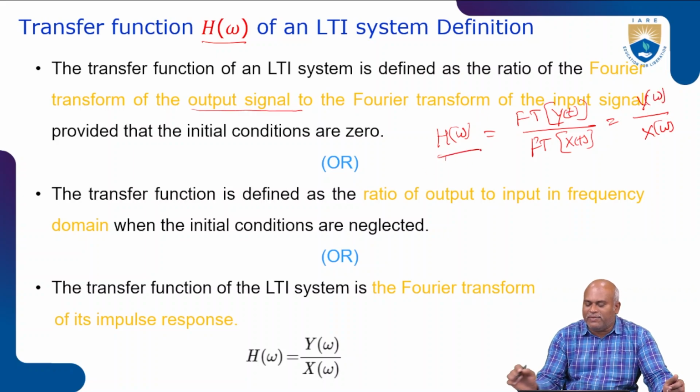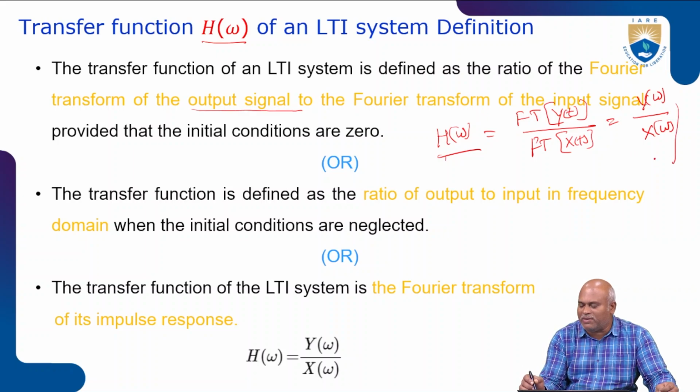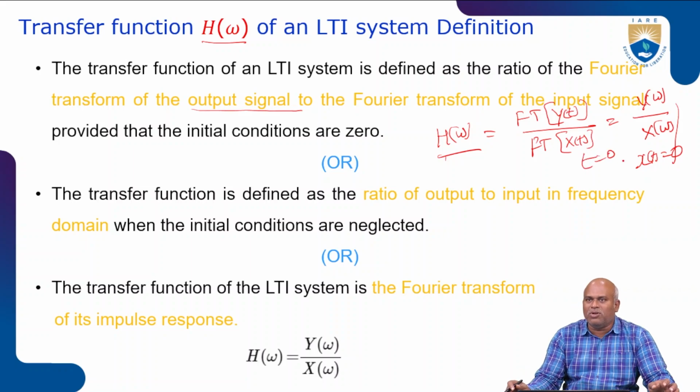Finally, the transfer function in the frequency domain is the ratio between the Fourier transform of the output signal and the Fourier transform of the input signal. In this case, the initial condition is 0, that means at t equal to 0 there is no input given initially.